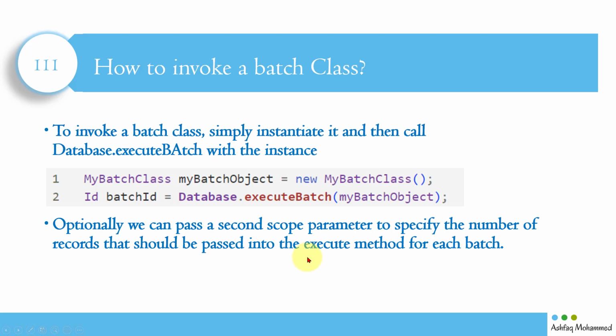For that we have the scope parameter. Id batchId equals Database.executeBatch(myBatchObject, scope). Everything is the same, but we add a comma and then the scope. If you write the scope, it will divide the batches into that many records.